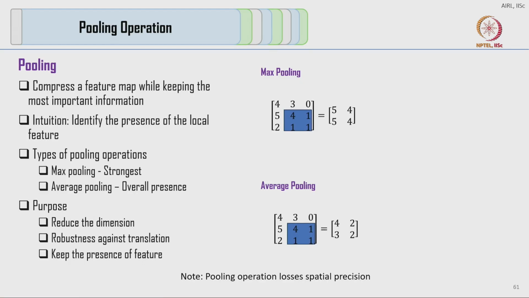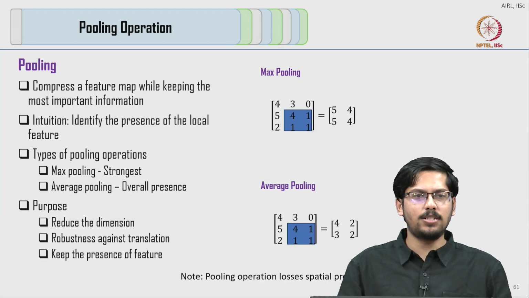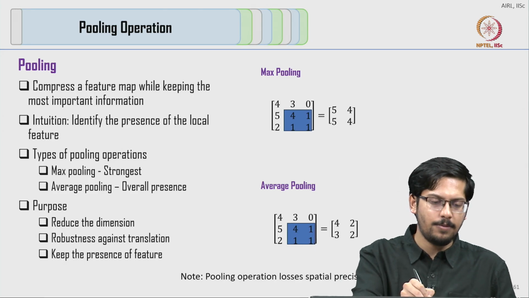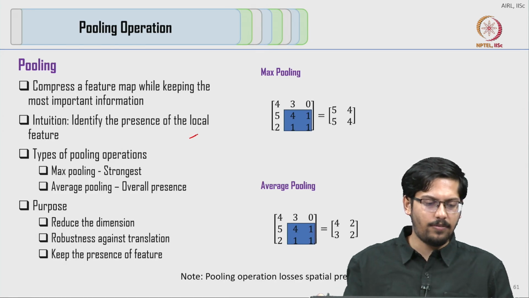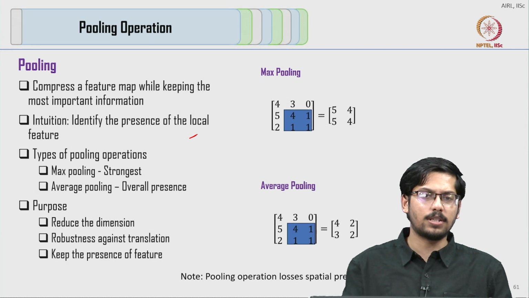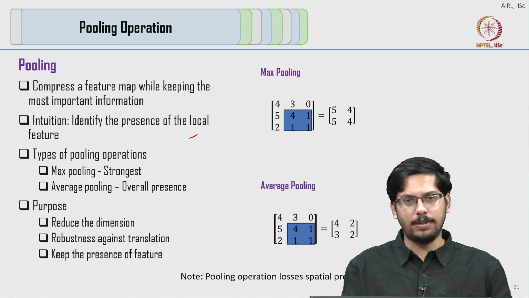We have also gone over pooling operations. The pooling operation compresses a feature map while keeping the most important information, and the intuition is to identify the local feature which has either the mean of different activations or the highest activation in that particular feature map.